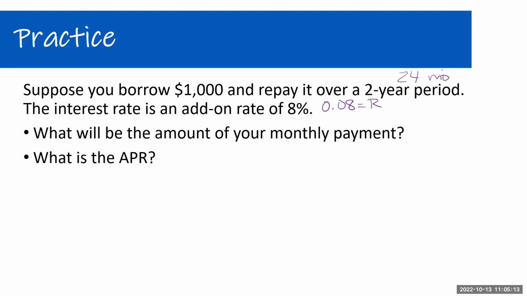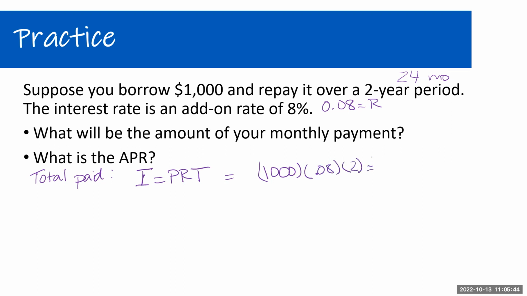Well, our monthly payment is going to be how much interest we pay plus our total, and that entire amount divided by how many months we have. So first we need to find the total that we're going to end up paying. That's based on I equals PRT, and we have to add that back to our original. So our interest is $1,000 times that 0.08 rate times 2 years, which is going to give us $160.